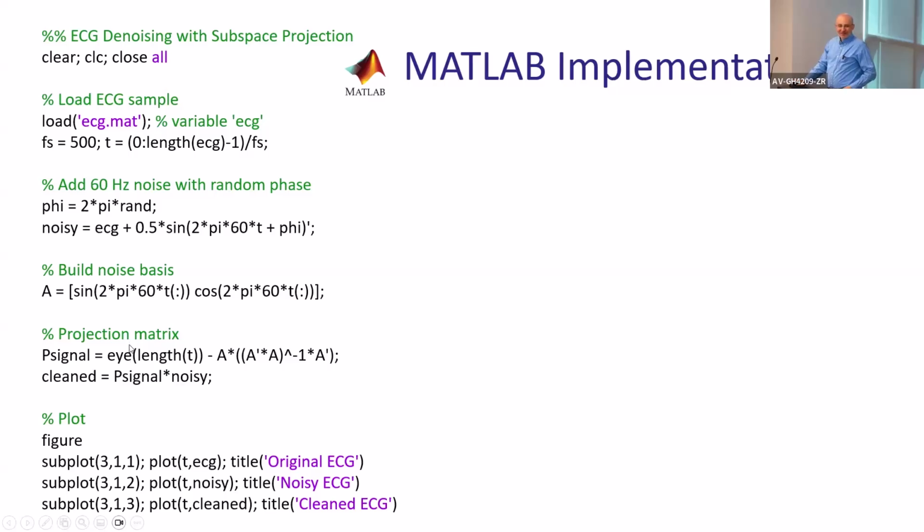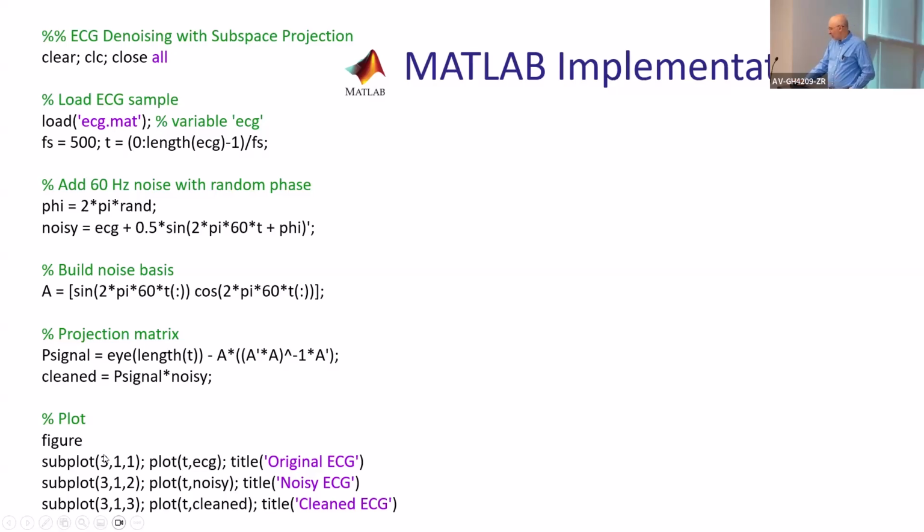They do not say identity, they say EYE for the identity matrix. It sounds like I. They like to joke about things. Of length t, which means how big your matrix is, minus A times A transpose A inverse A transpose, that projection formula. So this is our P signal, and cleaned is P signal times noisy, that's it.